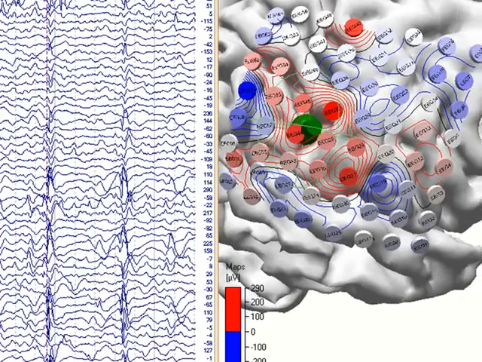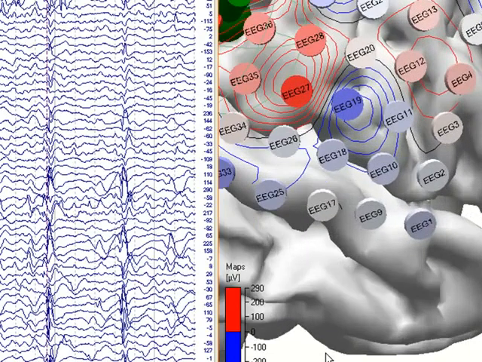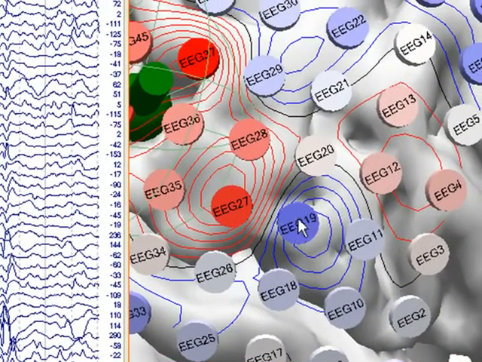Let's say also that we want to define certain other areas. So let's go in and let's say that we've determined that these areas are speech. Yes, I know this is the right hemisphere, but just for demonstration's sake, let's say these are speech areas, 19, 20, 27, and 28.